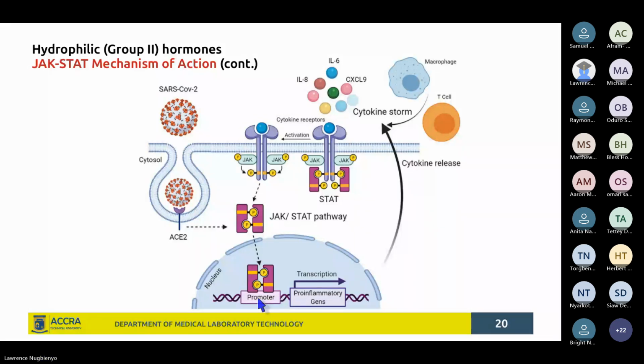And the gene gets transcribed. And once the gene gets transcribed, it will get translated. And that translation, of course, is going to be some more cytokines that are produced. These are proteins. And these go out of the macrophage.